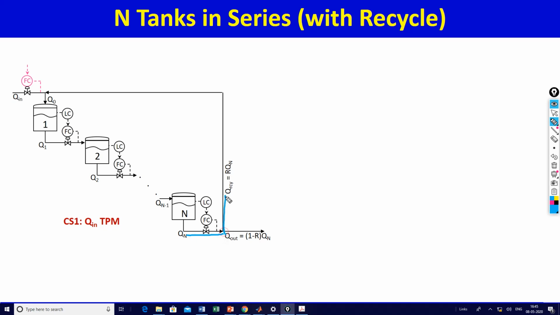It is split into two. A fraction R of what's coming in is recycled. A fraction 1 minus R is taken out as product or is discharged from the process.